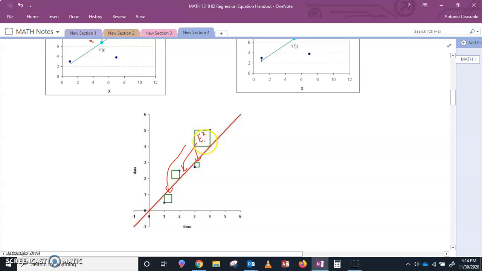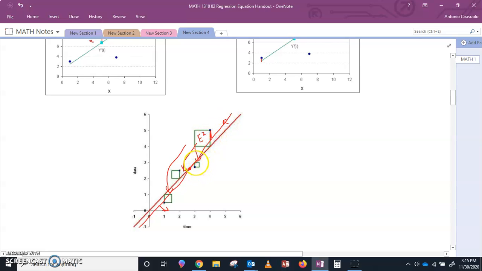So if we add the sum of these squares and we make it so that this line is shifted in such a way that these squares become smaller and smaller. So you can picture, for instance, if we pivot this and move this up a little bit, you'll see that if the line changes, the amount of error here becomes smaller.